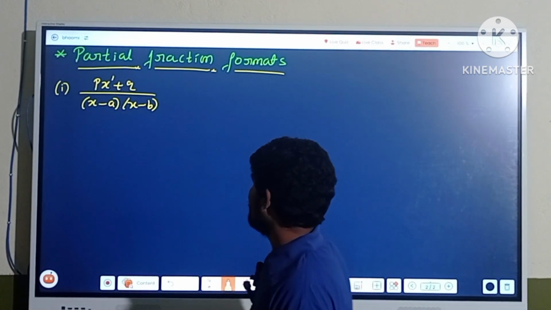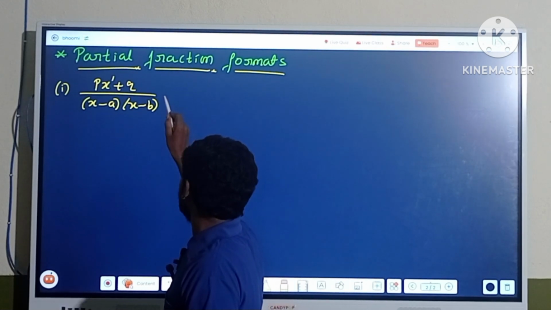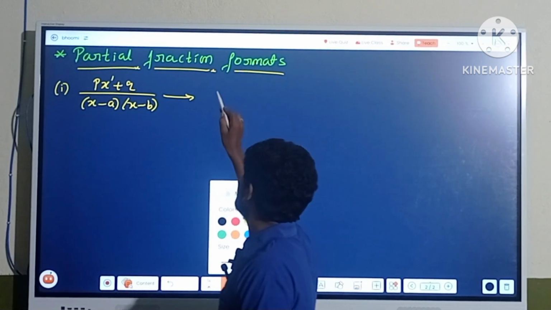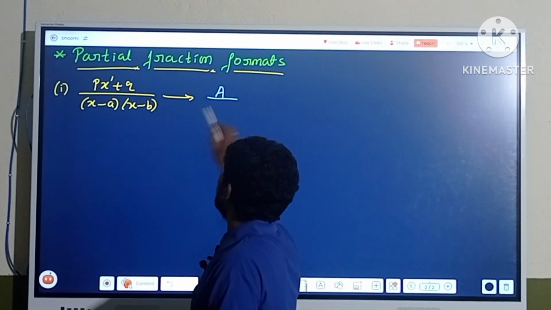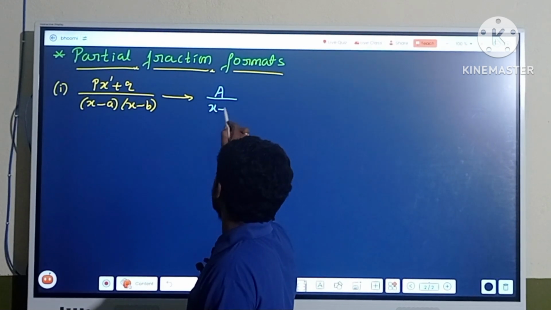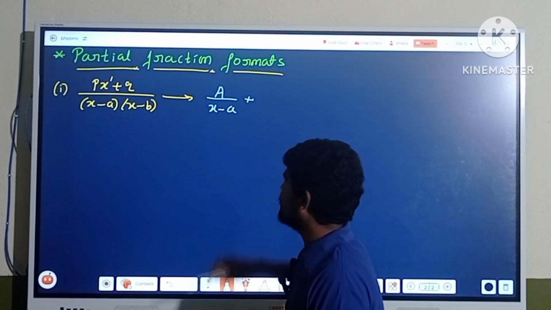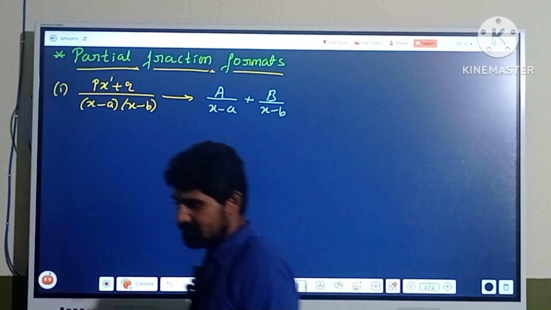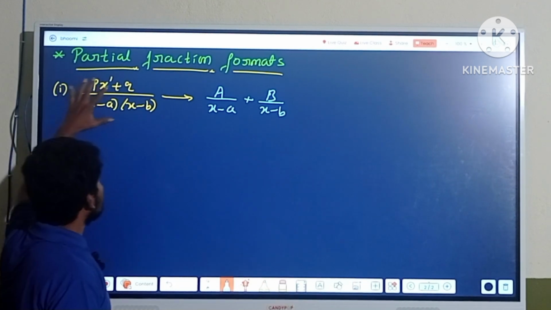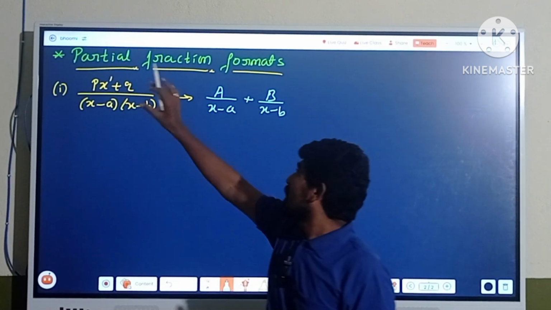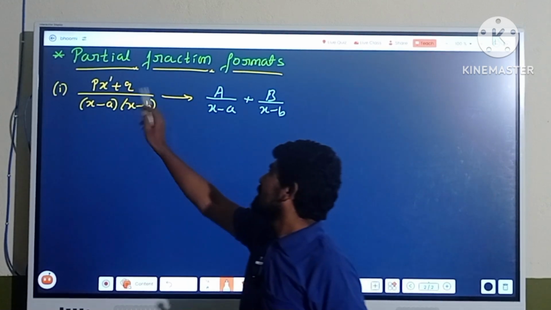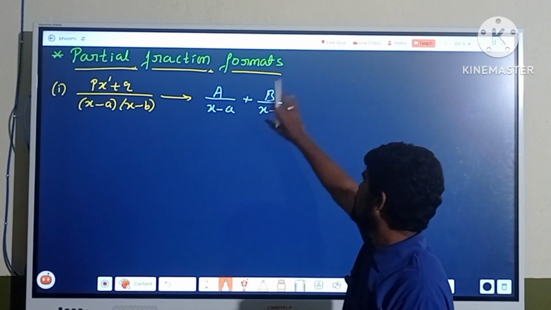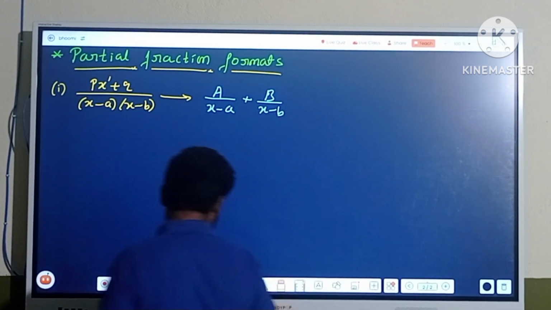If the given rational function is in this form, then we can express it as A divided by one of the linear factors, x - a, plus B divided by the other linear factor, x - b. So (px + q) divided by (x - a)(x - b) can be expressed as A by (x - a) plus B divided by (x - b).